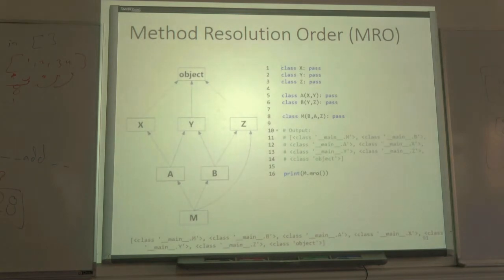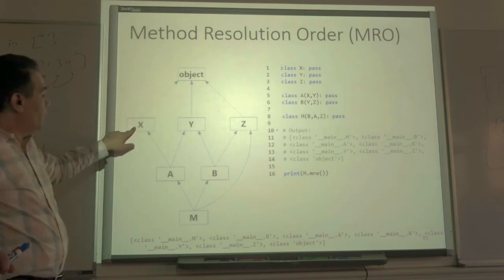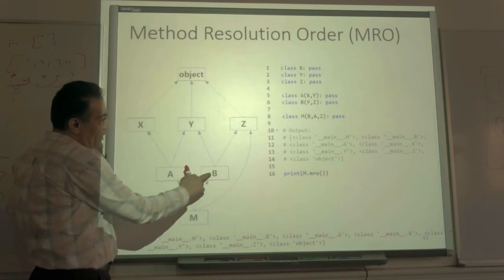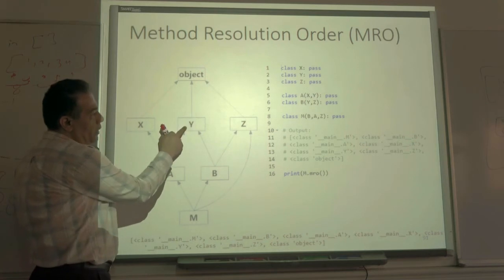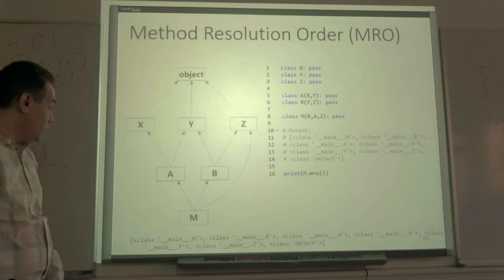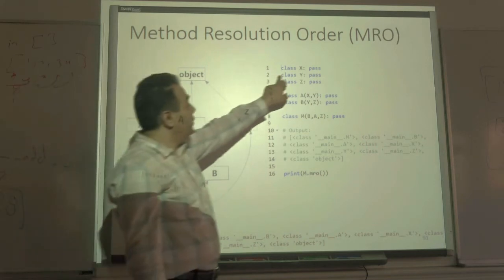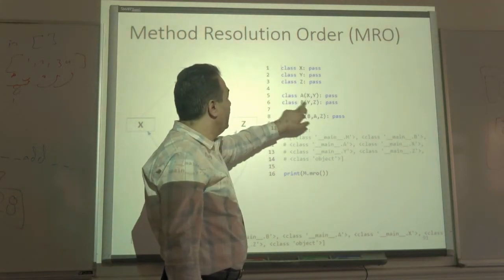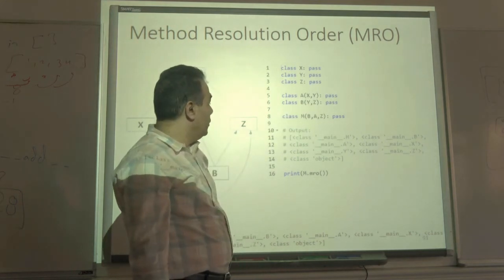So for example, look at this. You have to understand, if you have object, and classes X, Y, Z, then A inherits from X and Y, B inherits from Y and Z, and M inherits from B, A, and Z. What is the order?